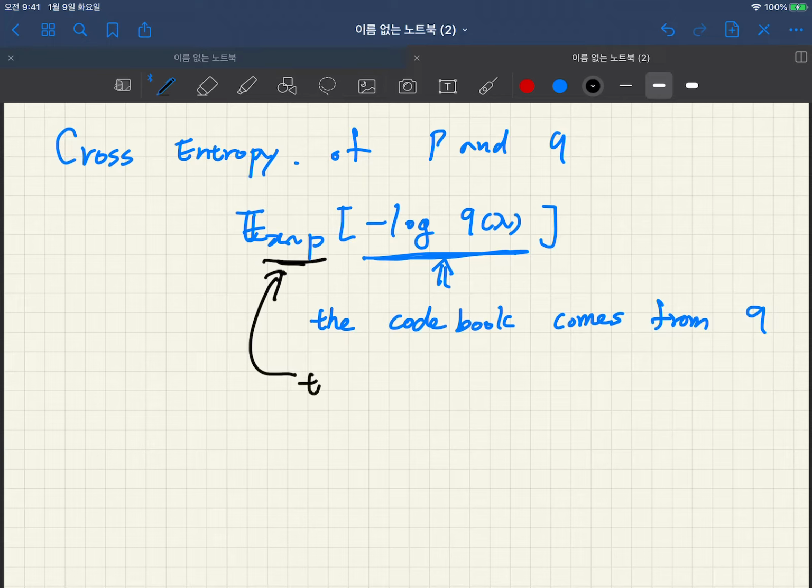So this is the real distribution. So essentially, the cross entropy indicates the average number of bits we use when we randomly generate a sequence from the distribution P, but we use the codebook that comes from the distribution Q.